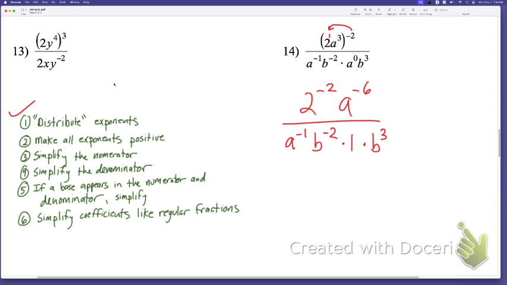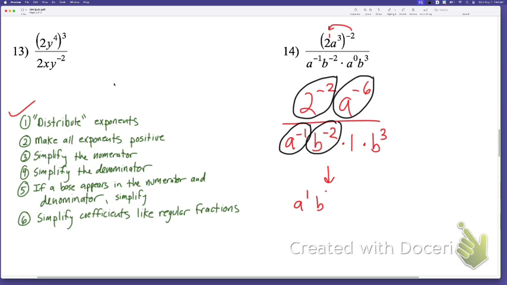Make all exponents positive. Okay, so these we need to move across the fraction bar. So in the numerator, I'm going to have a to the first, b to the second. In the denominator, I'm going to have 2 to the second, a to the sixth, and then these things are still there.